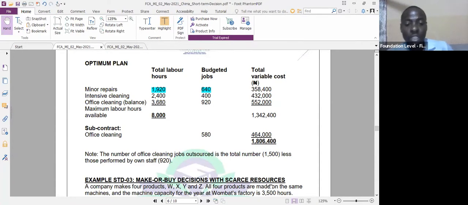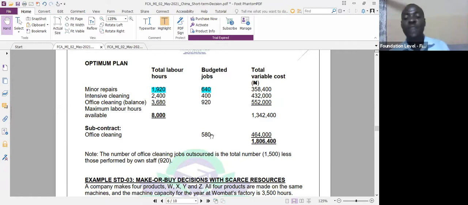So, but you see, this 1,500 is the product we are using, or this is cleaning jobs now. If we are taking 1,500 of the cleaning job as order from customer, we can only perform 920. That means we have to give out 580. That's the simple logic.